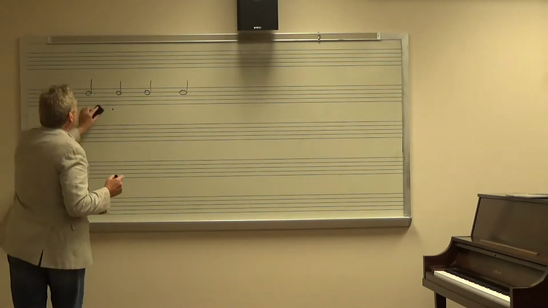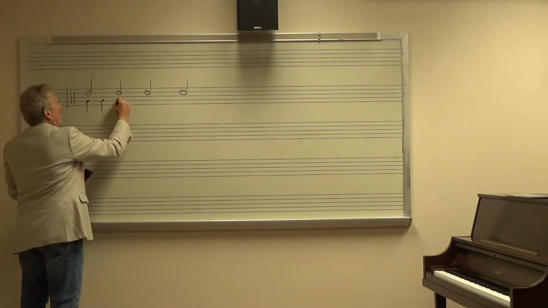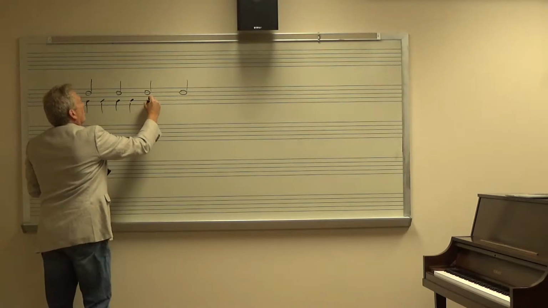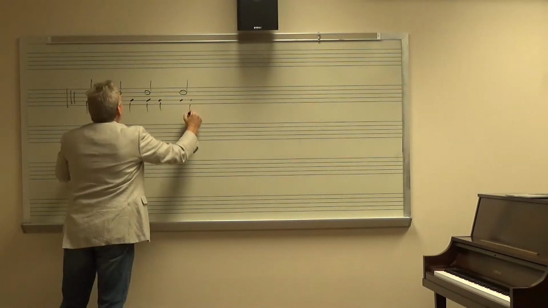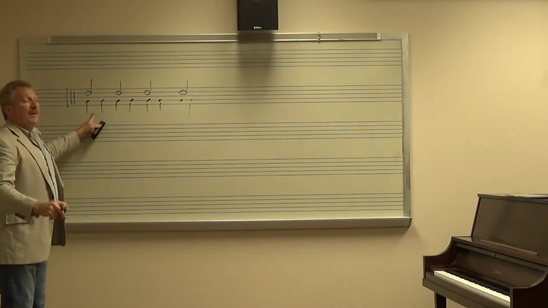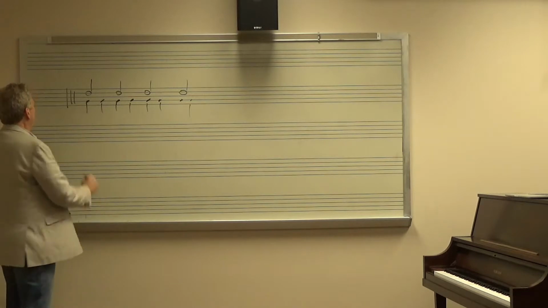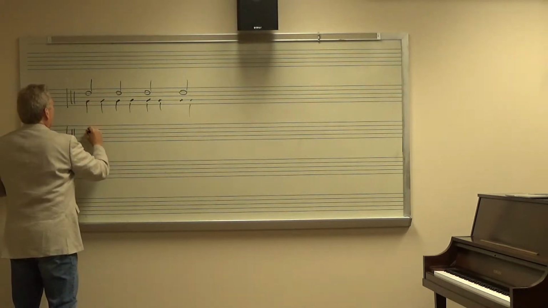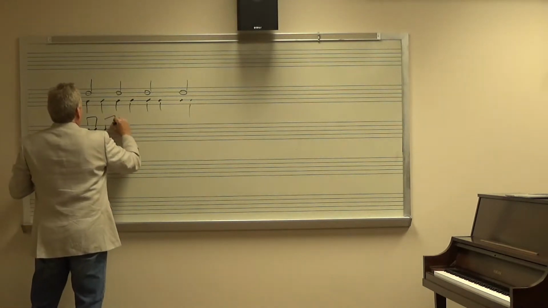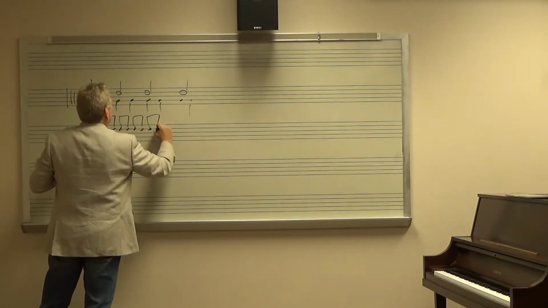That means my first division will be designated by quarter notes. So my beat, ta, ta. My subdivision, ta, ta, ta, ta, ta, ta, ta, ta. If I'm doing further subdivisions, these will be eighth notes. Lots of them.